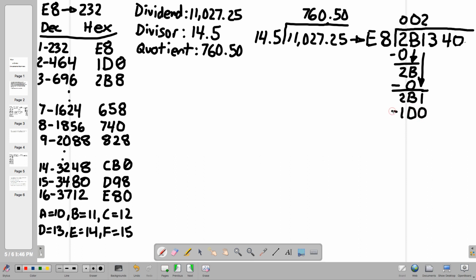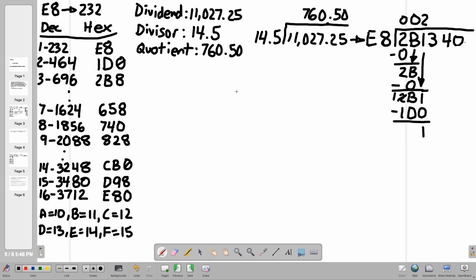And we subtract 1D0 from 2B1. In this case, we have 1 minus 0 is 1, so 1 goes there. And we can't have B subtract D, it's going to produce a negative number. So we know we're going to borrow. We change that 2 to a 1.